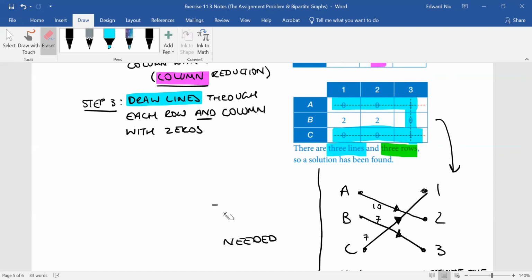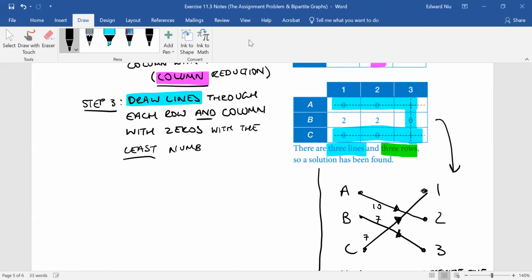I think I might have said if there's a 0, you've got to draw a line through it. No, we want to do it with the least number of lines.